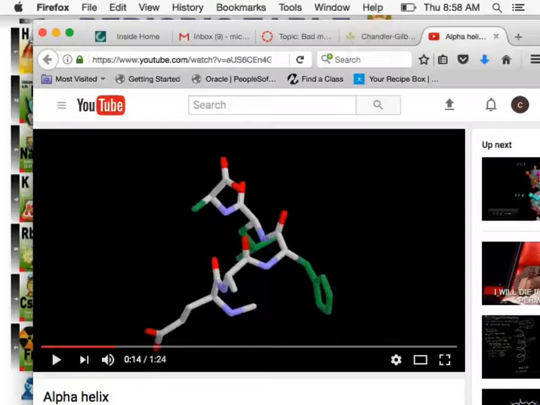Let's try red and see if red will jump out at us. So our backbone is this kind of, wow, it's going to be hard to follow, but I'm attempting to follow it. That's our protein backbone. Can you see that? The green part, which I'll circle in blue, are the R groups coming off of it.